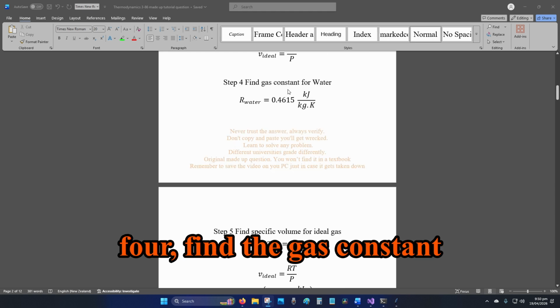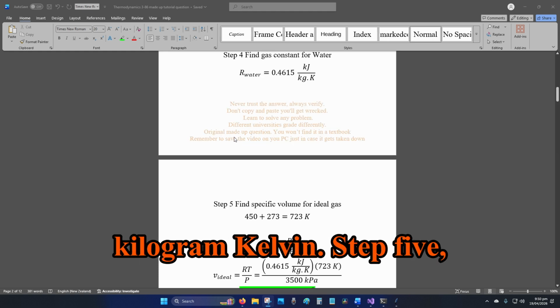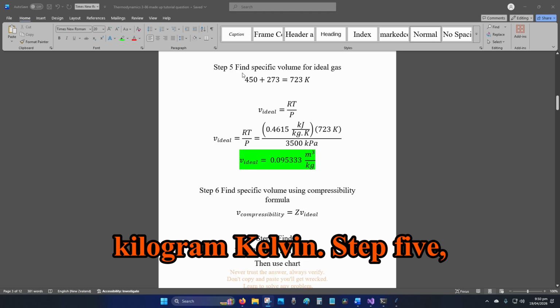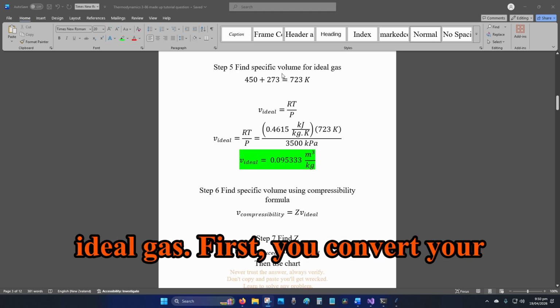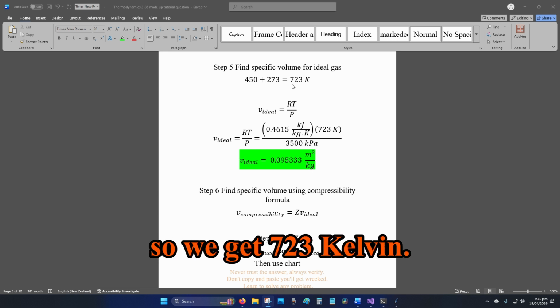Step 4, find the gas constant for water. That is 0.4615 kilojoules per kilogram Kelvin. Step 5, find the specific volume for the ideal gas. First, you convert your degrees Celsius to Kelvin by adding 273, so we get 723 Kelvin.